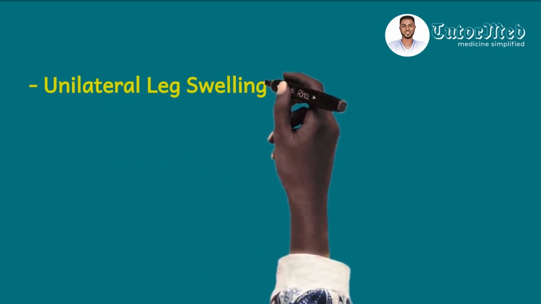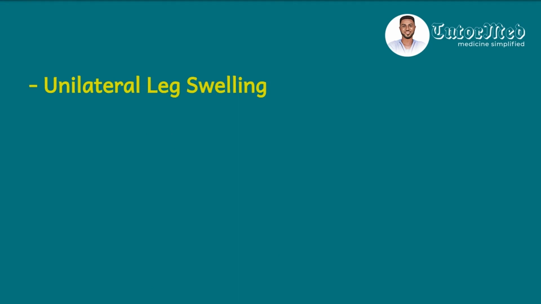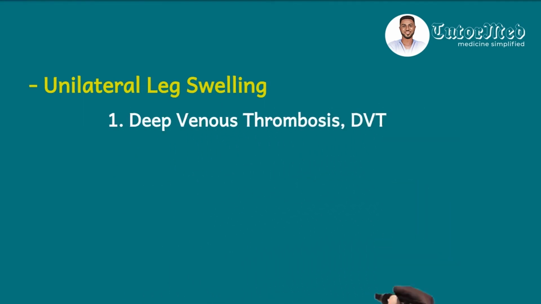Alright guys, I brought this slide up because I left out 3 important conditions we are to also focus on for the general examination. It is possible to meet a patient with a unilateral leg swelling on general examination. For this, the conditions to focus on are deep venous thrombosis, DVT, and cellulitis.